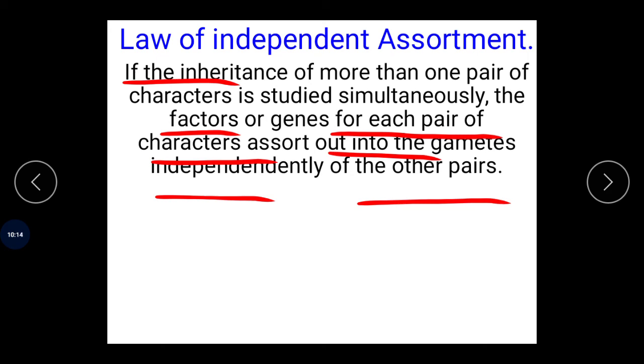It means if the inheritance of more than one pair of contrasting characters is studied simultaneously, the factors or genes of one pair assort out into the gametes, arrange themselves into the gametes, independently of other pairs. They arrange themselves in the future gametes, and express themselves in the future generations. So this was all about the law of independent assortment.